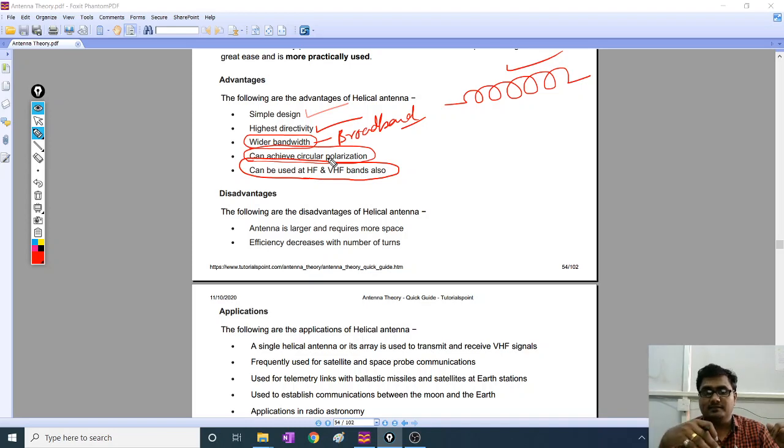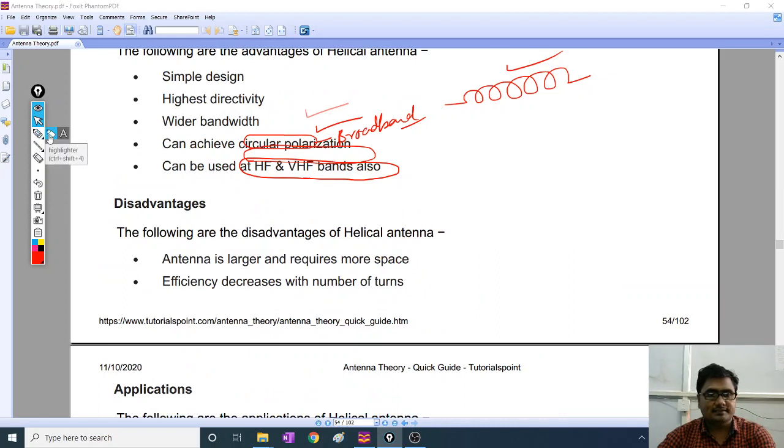There are some disadvantages. So what are those disadvantages? Look at this. First disadvantage: it is larger and requires more space. It is obvious, if you bend the wire it will spread over, so space will be required. And efficiency decreases with number of turns.